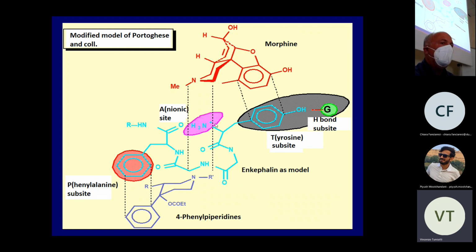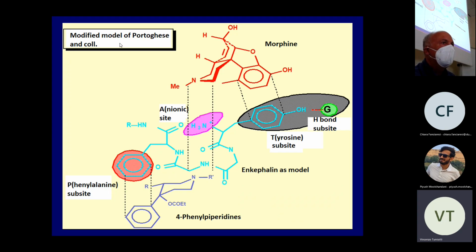Same anionic site, different aromatic regions. One for the phenolic residues and the second one for the aromatic ring, the sample without any OH.